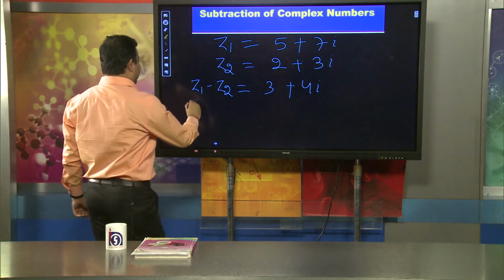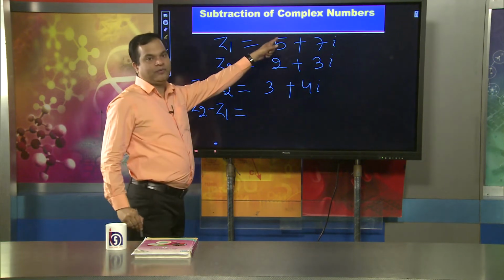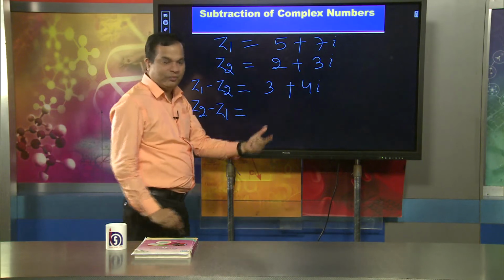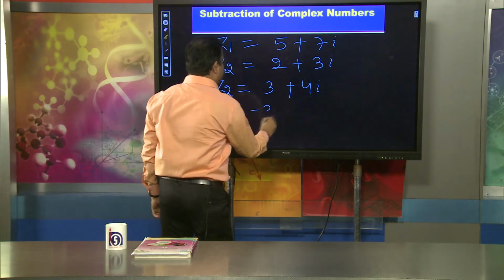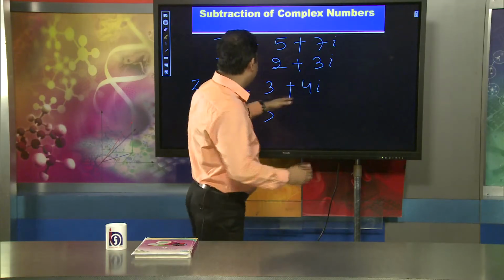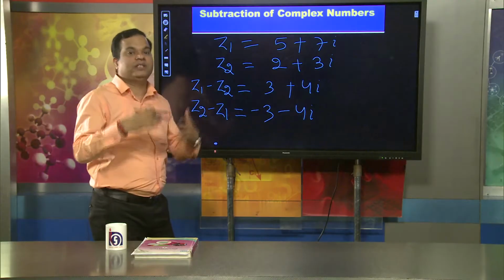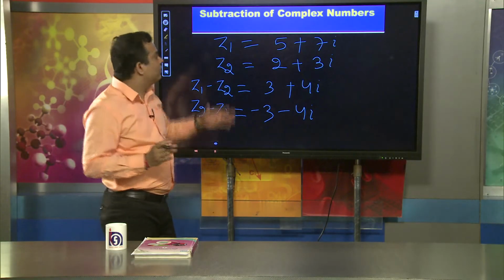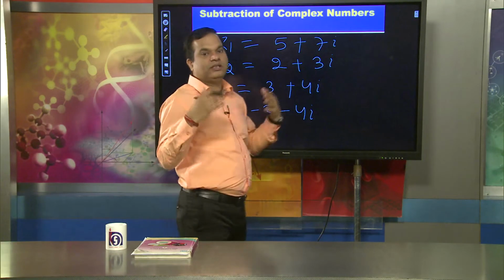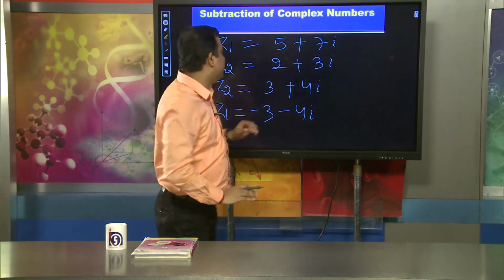Suppose I take z2 minus z1, that means 2 minus 5, which equals minus 3, and 3i minus 7i, which equals minus 4i. Just the sign changes, but the process remains the same. So subtraction is similar to the addition of complex numbers, and that is not a difficult part.